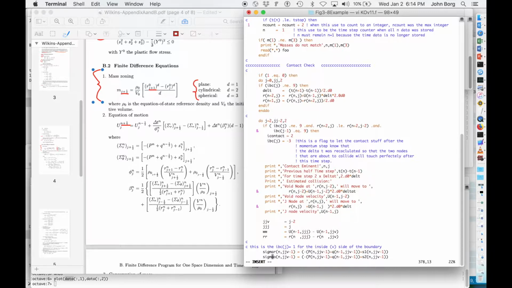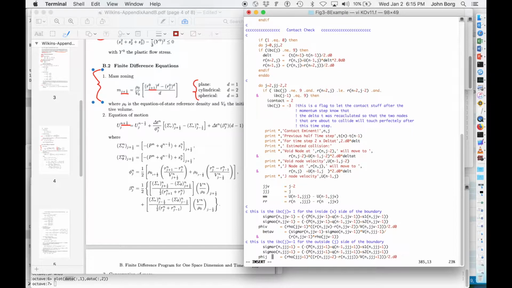And it adjusts the time step to that. It flips on this contact flag equal to 2 so that the code later knows that this is a contact situation, and then it will remove that extra node and join the stencil nodes together.